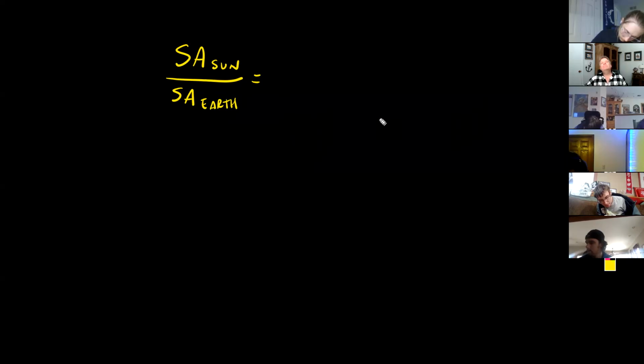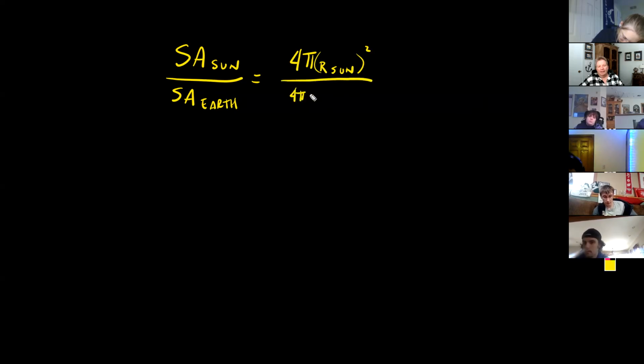Do you know? You can do a web search on this. 4 pi r squared: 4 pi radius of the sun squared, divided by 4 pi radius of the earth squared.